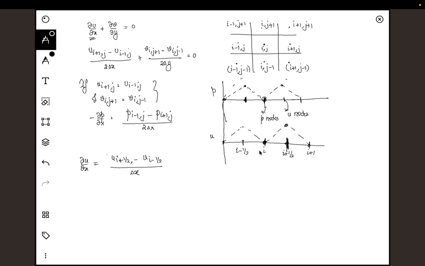Yeah, it is second order, but in terms of delta x by 2. So okay, if I use an approximation like this and use the velocity values of u_{i+1/2} and u_{i-1/2}, how do I get u_{i+1/2} and u_{i-1/2}?